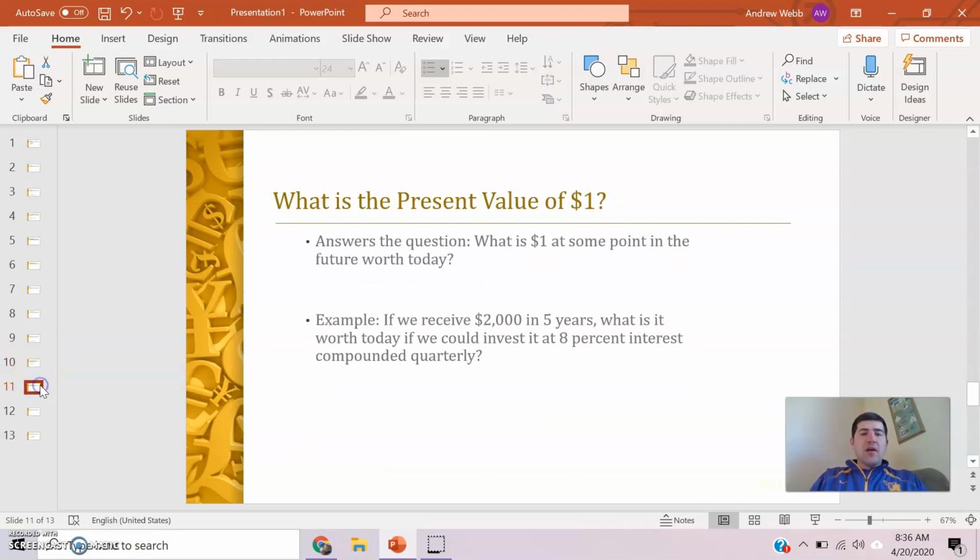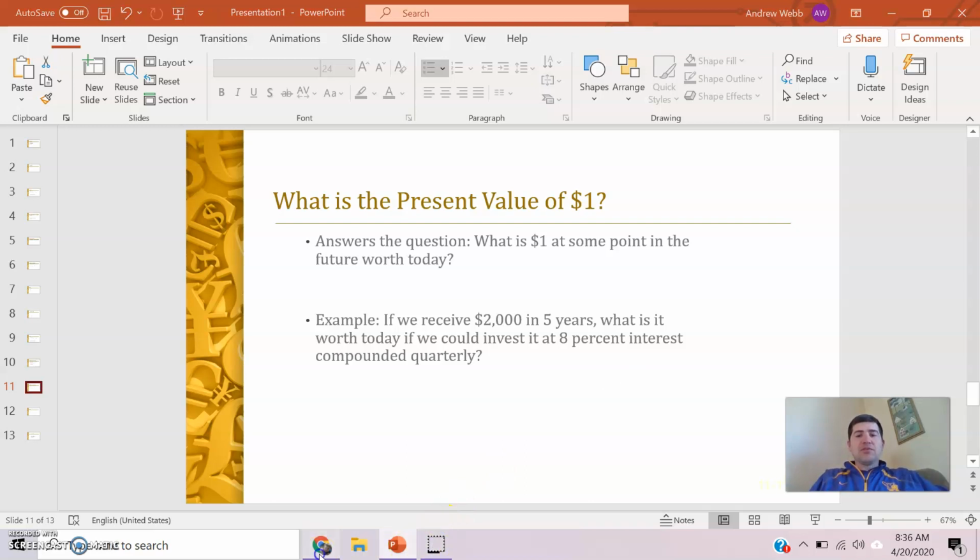If we flip that to the present value of $1, we can use a future dollar amount to figure out how much we should pay for it today. So if we say we're going to get $2,000 in 5 years, what's it worth today? You would think it would be worth close to $2,000, but it depends.